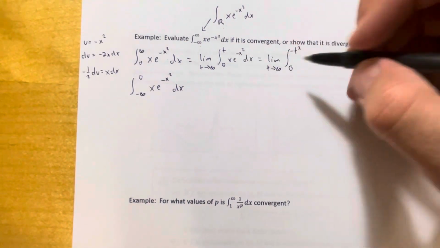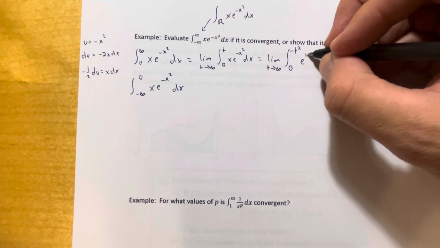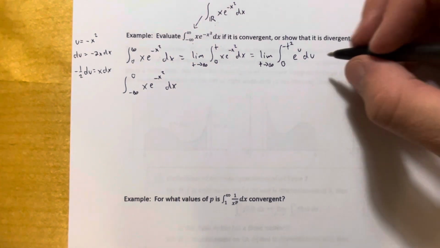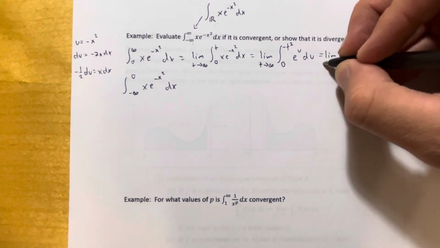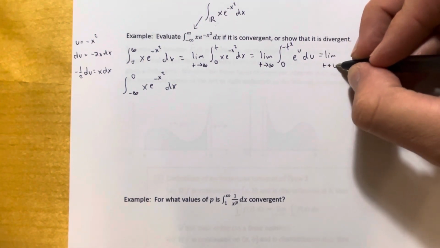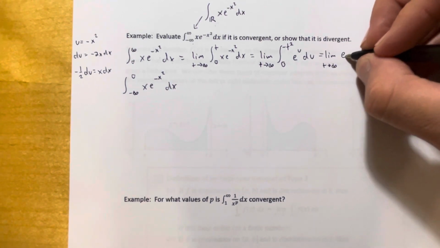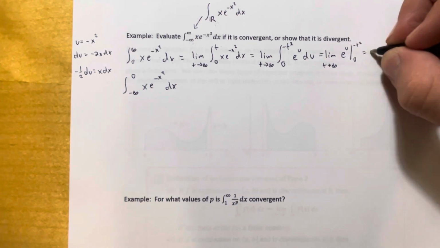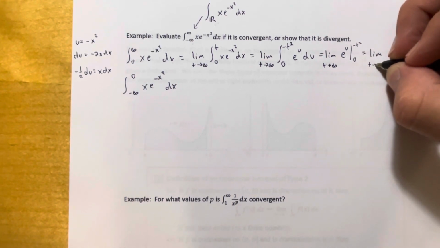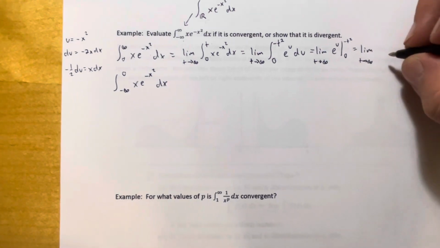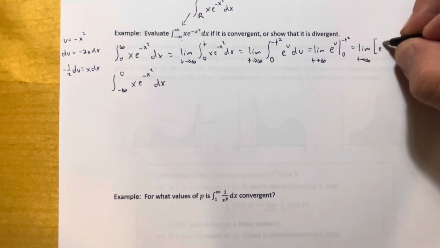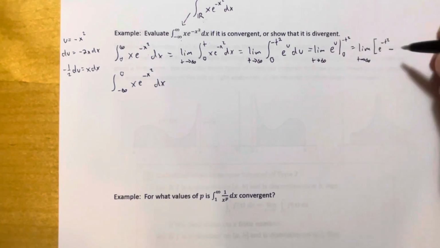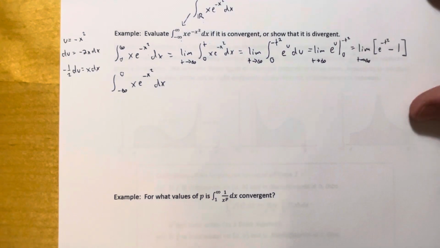My new integrand here is going to look like e to the u du. That's the substitution that I just made. This is the same thing as the limit as t approaches infinity of e to the u, where we go from 0 to negative t squared, which is the same thing as the limit as t approaches infinity of e to the negative t squared minus e to the 0, which is 1.